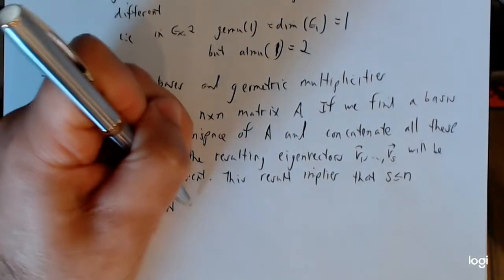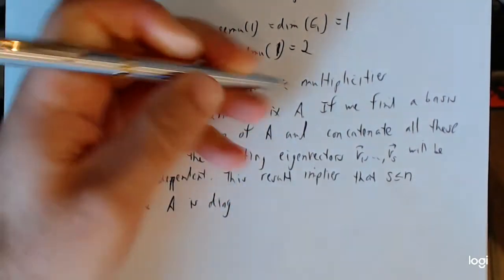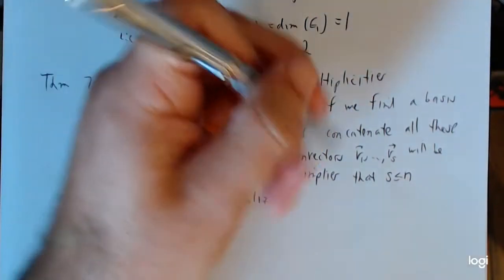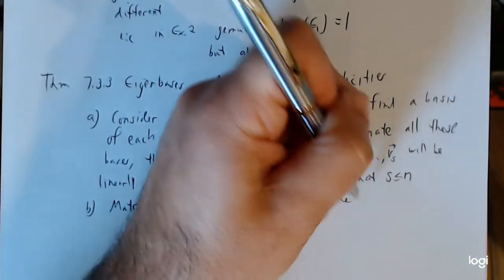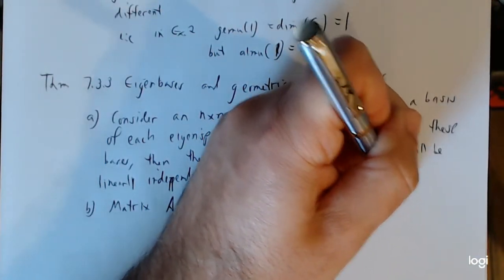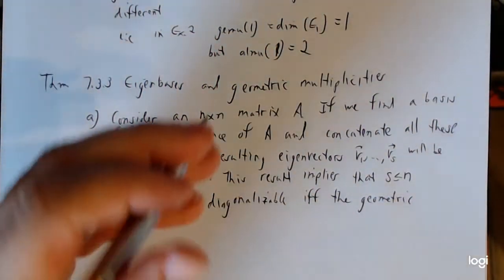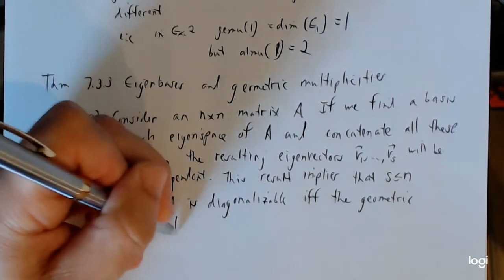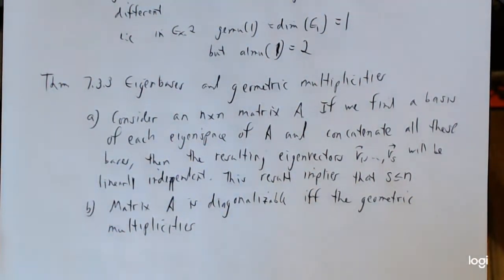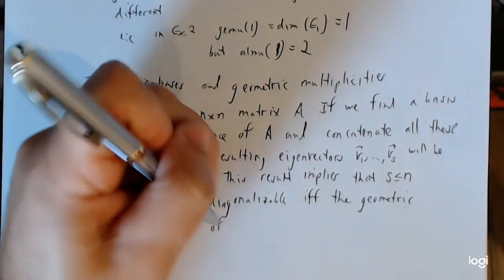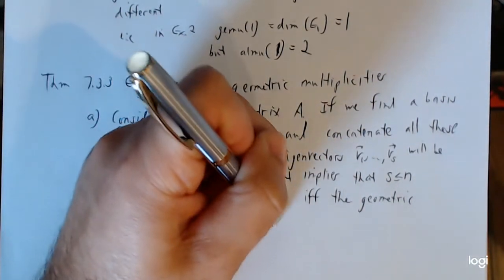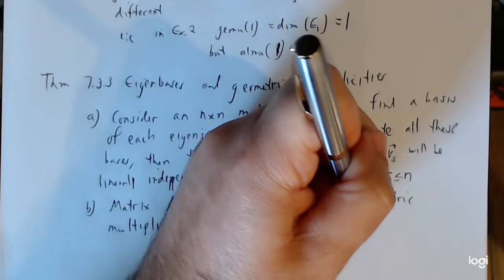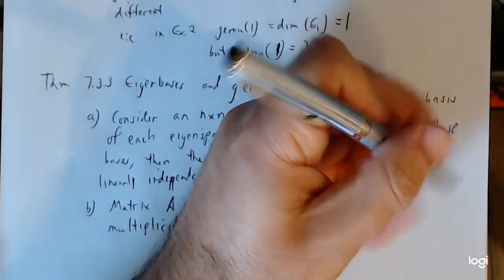So matrix A is diagonalizable if and only if the geometric multiplicities of the eigenvalues add up to n.